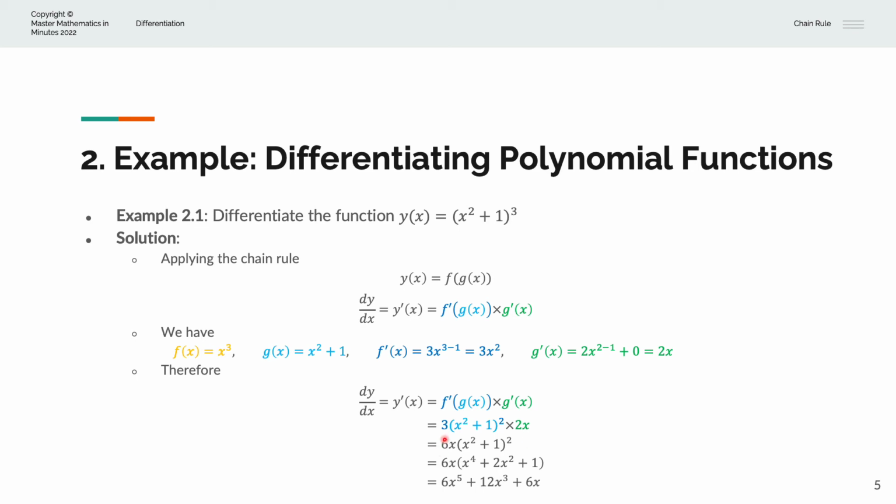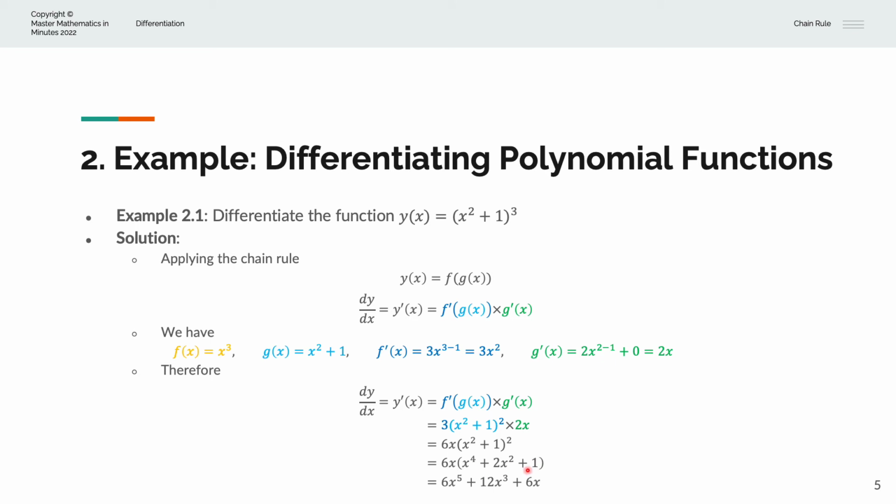And 3 multiplied by 2x gives us 6x. And we'll copy the squared, x squared plus 1, holding squared, with 6x again, and we'll expand the squared. So x squared squared is x to the power 4. X squared times 1 times 2 gives us 2x squared, and 1 squared gives us 1.